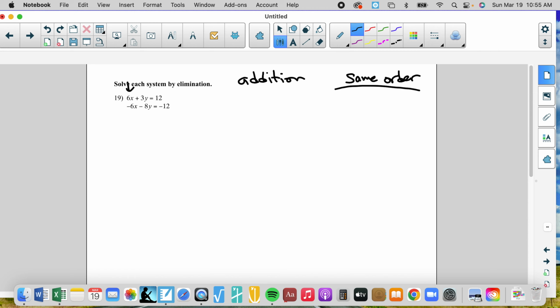So this is x, y equals constant. x, y equals constant. So those are aligned. And when they're aligned and we're using the addition method, we're going to add those columns. So we're going to add the like terms. We're going to combine them, and then we're going to tally them up.